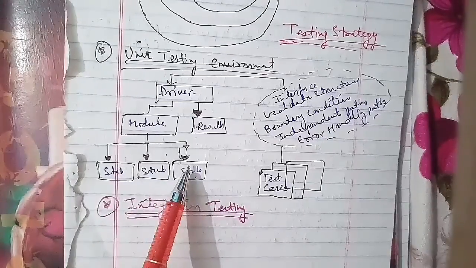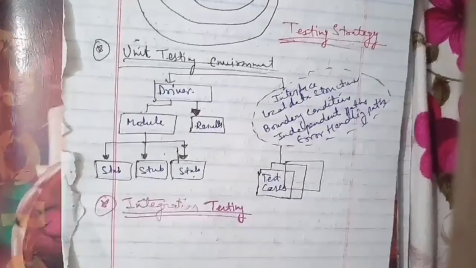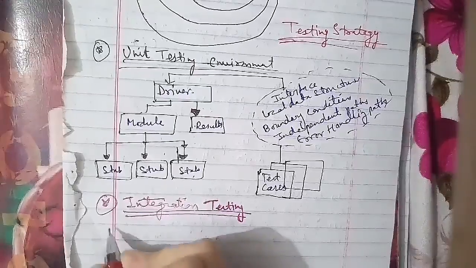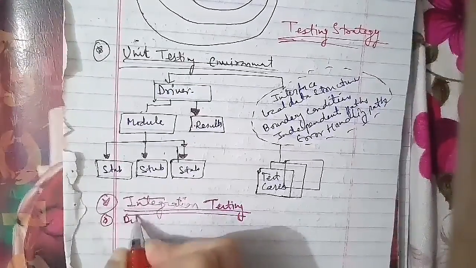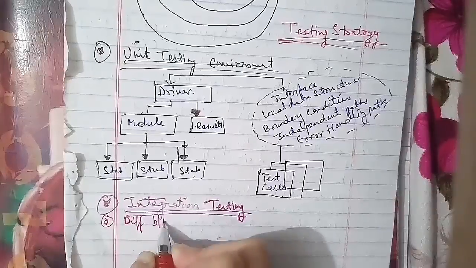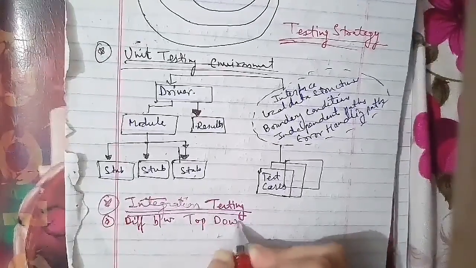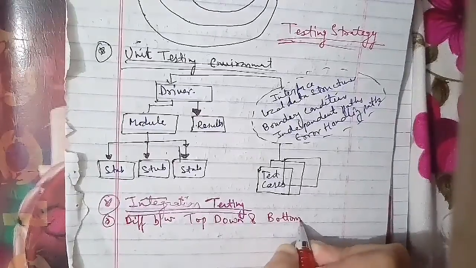The first difference is that in top-down testing, the major controls or decisions are verified at an early stage itself. In bottom-up testing, the major controls or decisions can be verified only after integrating all the components at the bottom level.